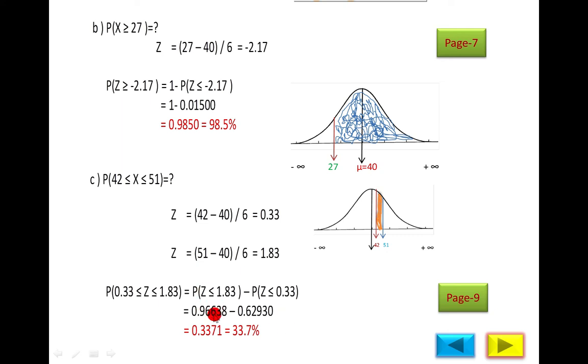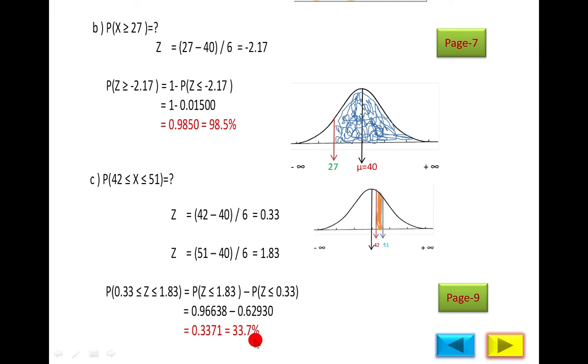Subtract both values, you will obtain 0.3371. The probability of between 42 and 51 is 0.3371, or you can say between 42 and 51 we have 33.7% of data, or area, according to the question, the area between 42 and 51 is 33.7%.